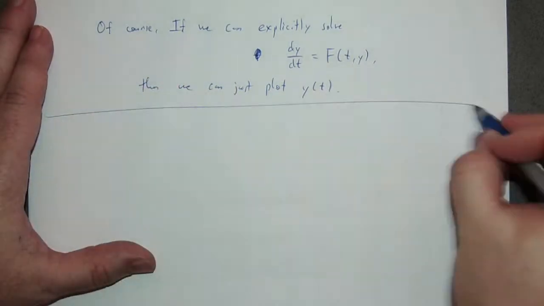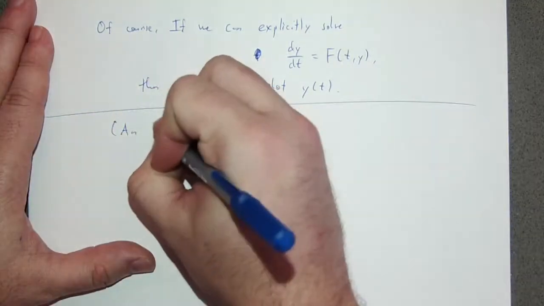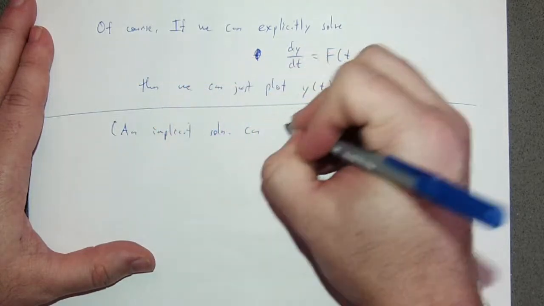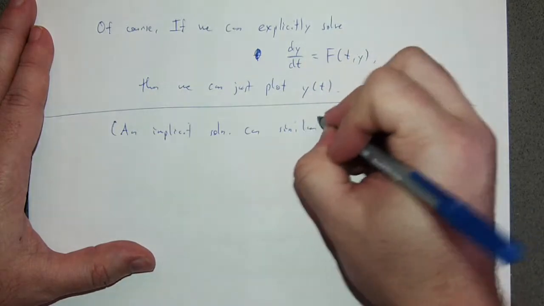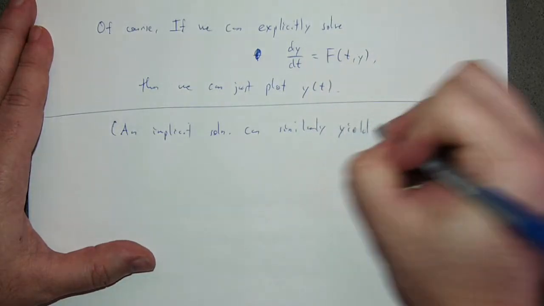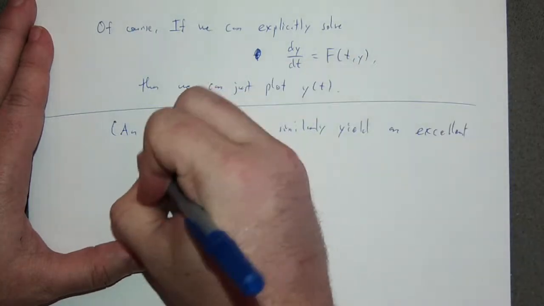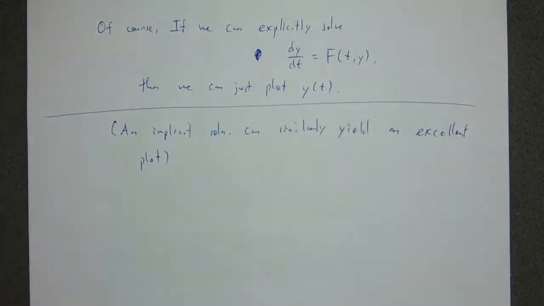So an implicit solution can similarly yield an excellent plot. It's just that if it's an implicit solution, it is likely not going to be some simple function.